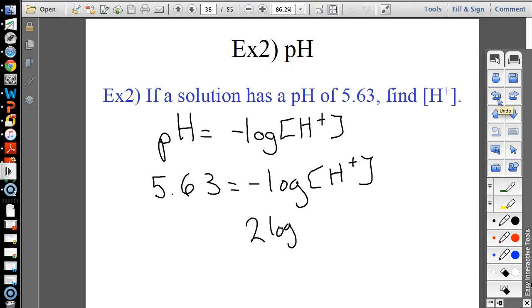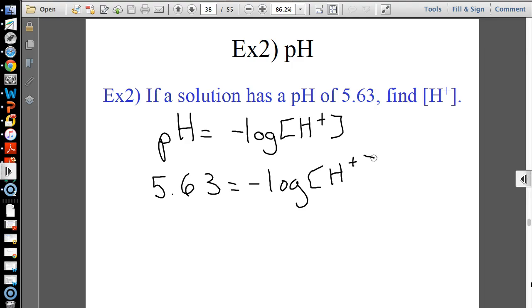So before I do anything, I'm going to divide both sides by -1. This isn't really in the notes, they just assume that you do this step, but you got to do it, okay?